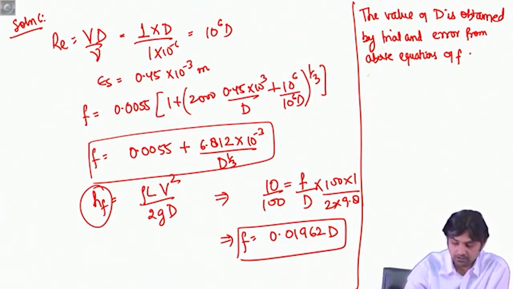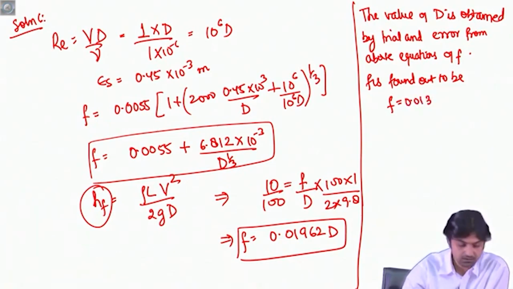And f is found out to be 0.0133 and the corresponding d comes out to be 0.678 meters.